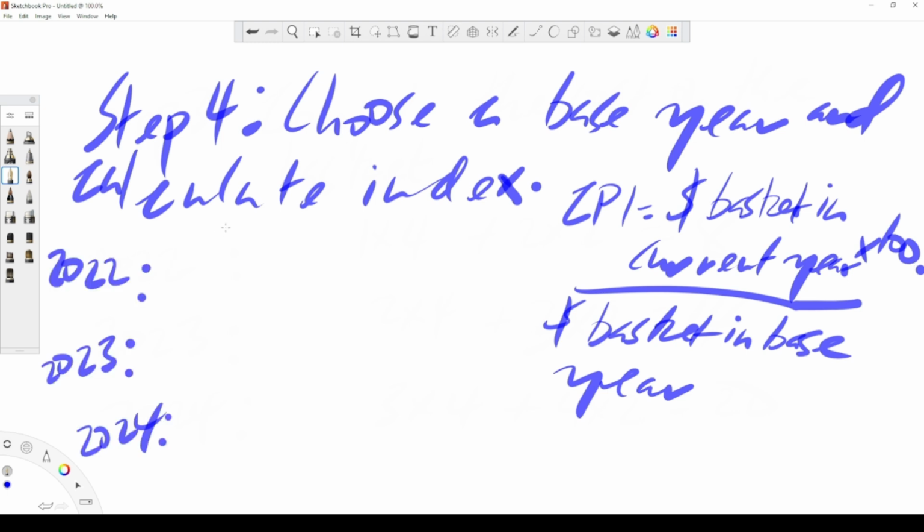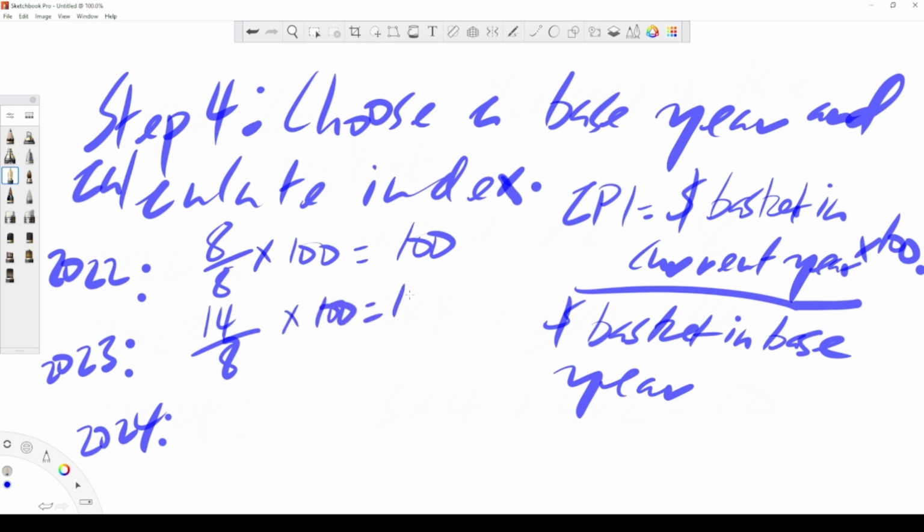For 2022 you have 100, since in the base year you would usually have 100. 2023 it will be 175, and then 2024 we have 250.